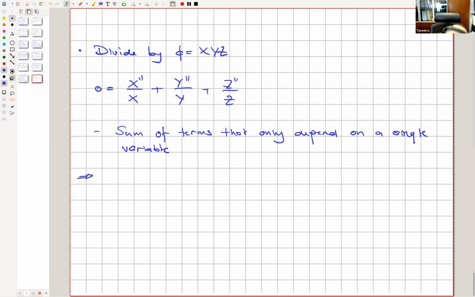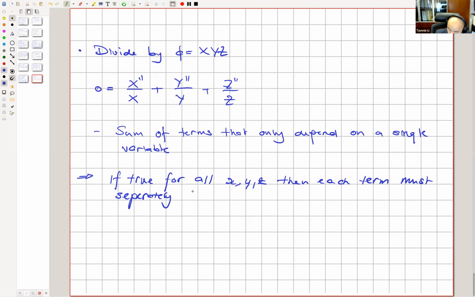Well, if this is the case, and if it's true for all x, y, and z, well, then each term must separately equal a constant.